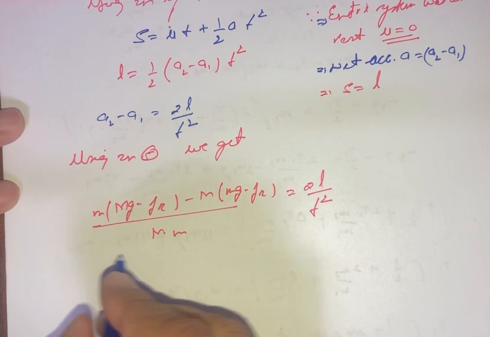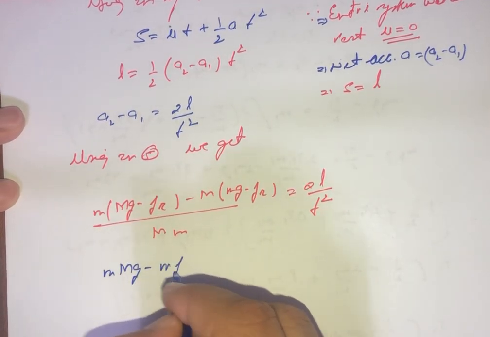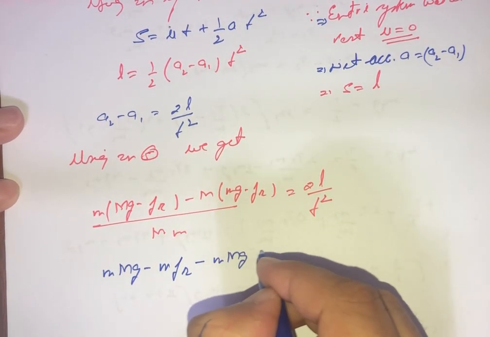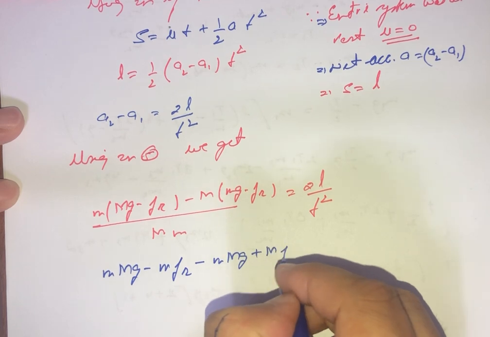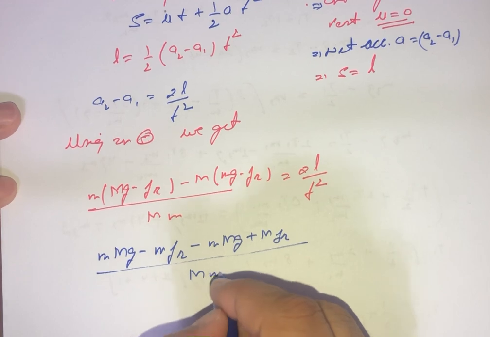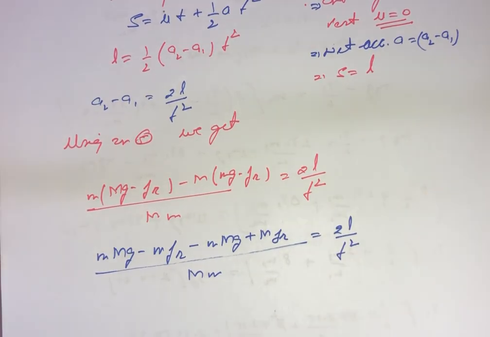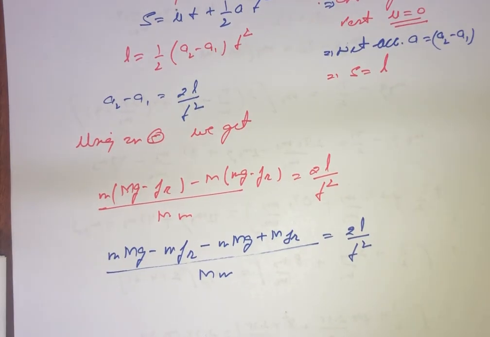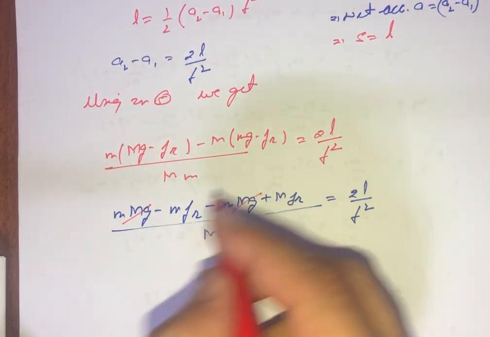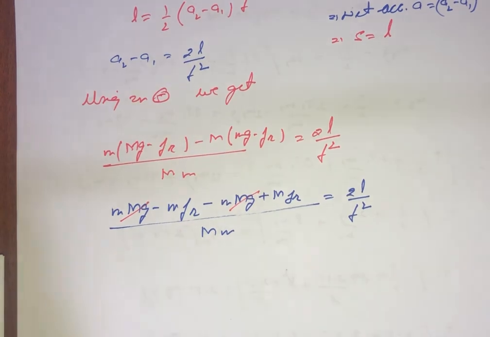So if we open the bracket, we get Mmg minus mFr minus Mmg plus MFr divided by capital M small m is equal to 2L upon t square. These terms cancel out, and we can take Fr as common.